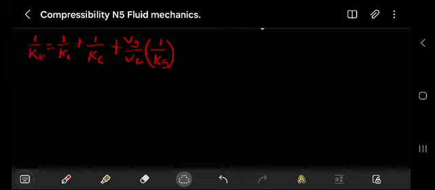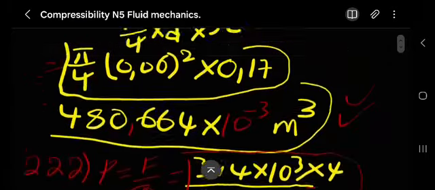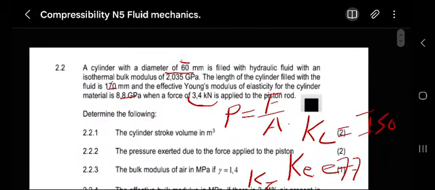Let us apply this formula. We substitute. We want KE, but we have 1 over KE, then 1 over KL. KL is the isothermal bulk. Remember, KL is equal to the isothermal bulk. Let's check, do we have the isothermal bulk?